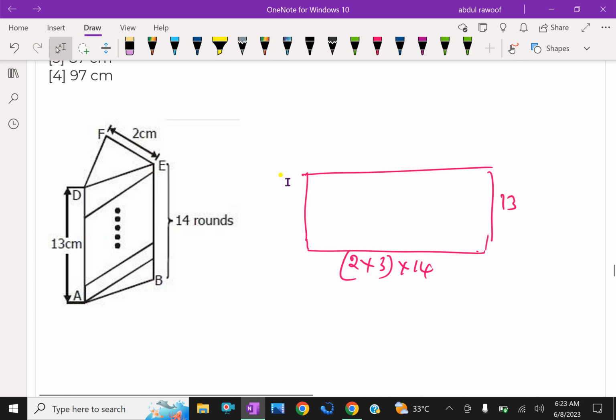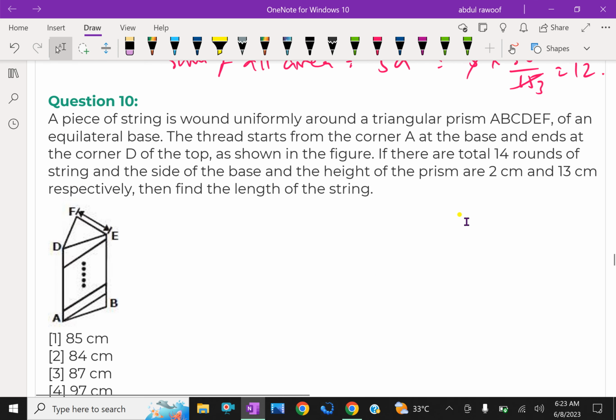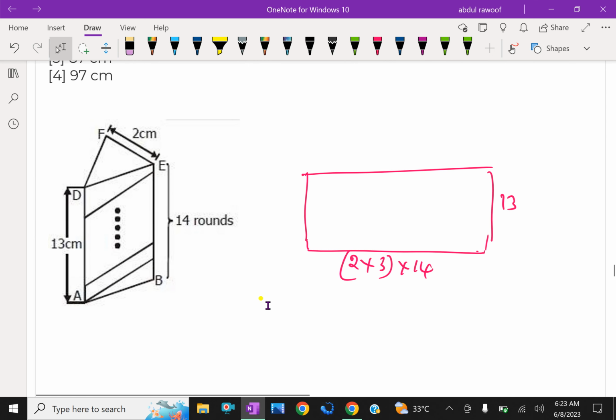Look here: 2 is one side length and 3 sides, totally 3 sides for the triangular prism and side faces as well. 14 is the total round, and here it is 13.